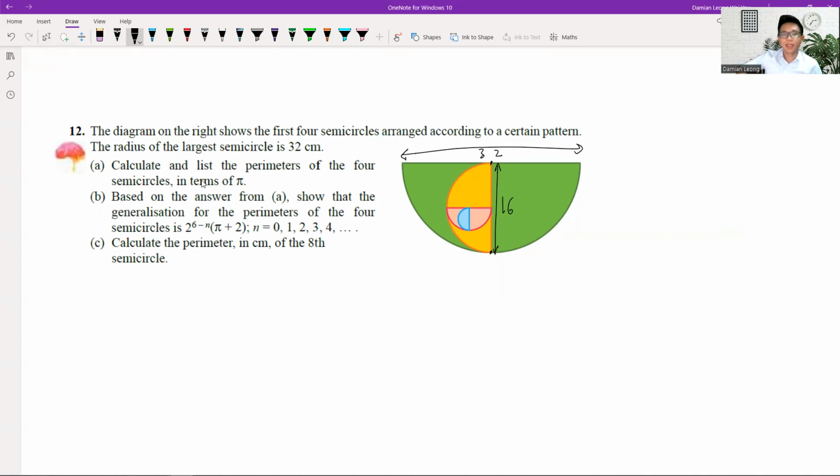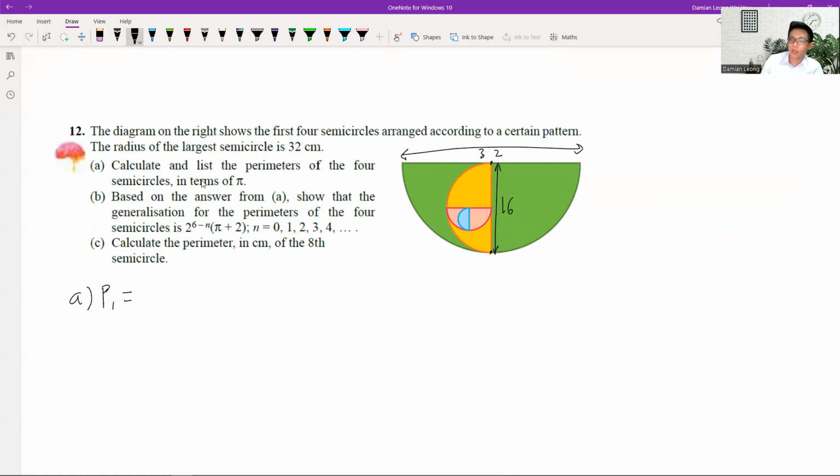So calculate and list the perimeters of the 4 semicircles in terms of pi. So they want the perimeter, not the area. So I find the first perimeter.